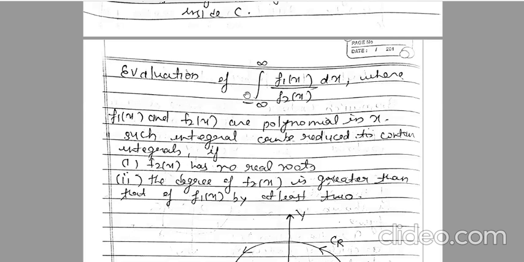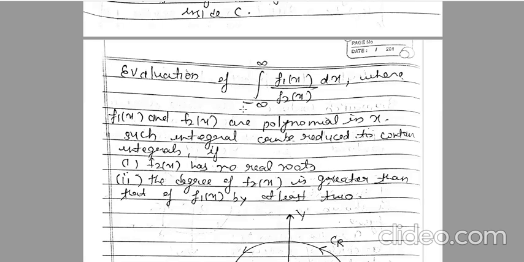First, the evaluation of the integral from minus infinity to infinity of f1(x) upon f2(x) dx. This integral is called an improper integral, where f1(x) and f2(x) are polynomials in x.